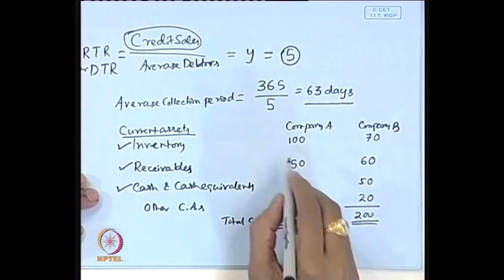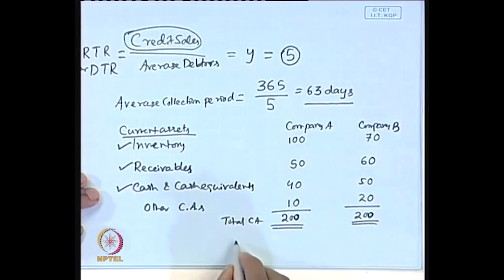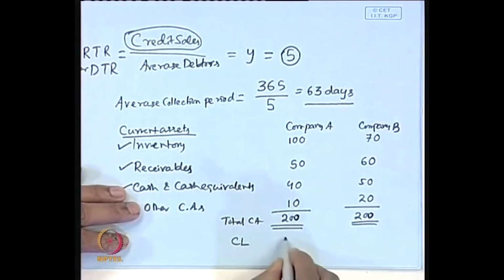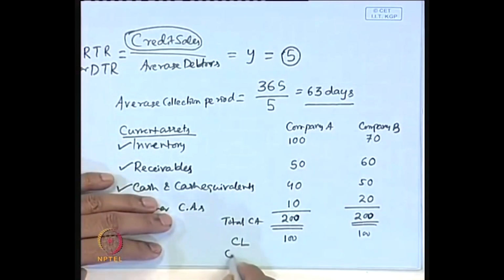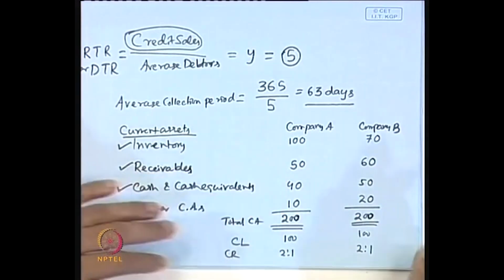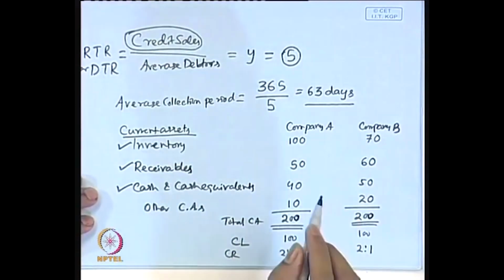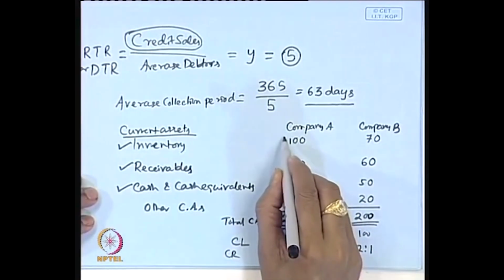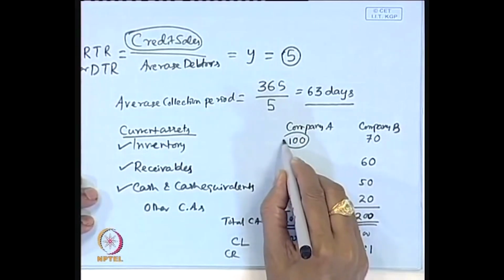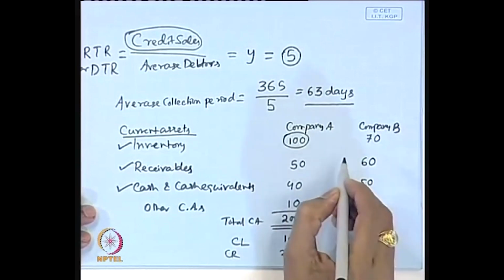So, if you look at this point, though both the companies have got 200 and 200 as current assets, and presuming that the current liabilities of both the companies are 100 as well as 100, the current ratio is obviously 200 is to 100, that is 2 is to 1 for company A as well as 2 is to 1 for company B. But if you compare these two companies, we have here 100 rupees in terms of inventory, which is not going to be easily converted into cash like any other current asset.